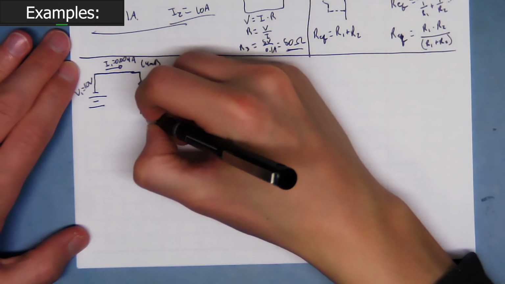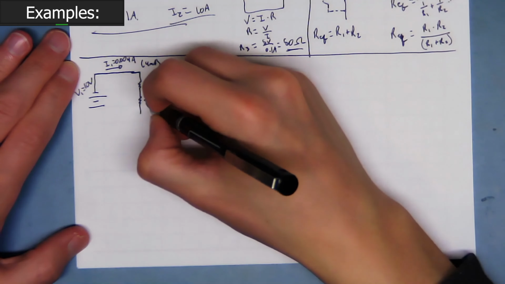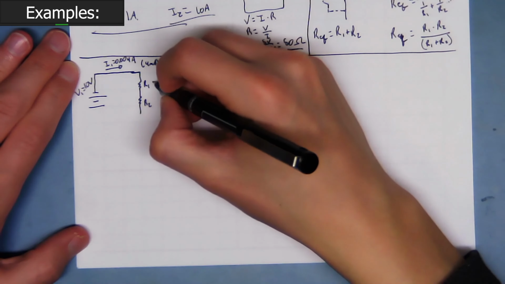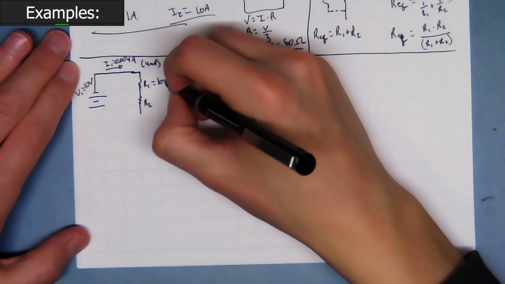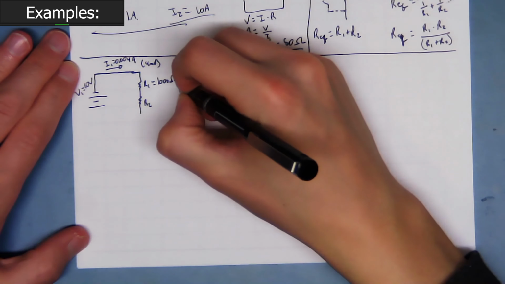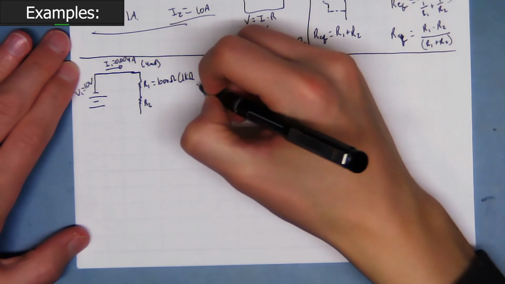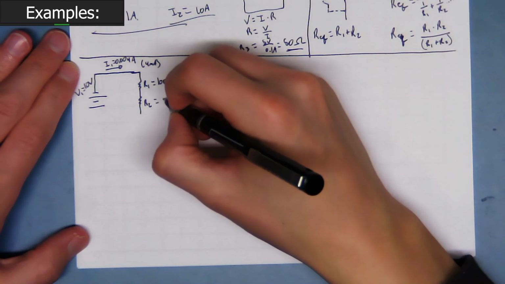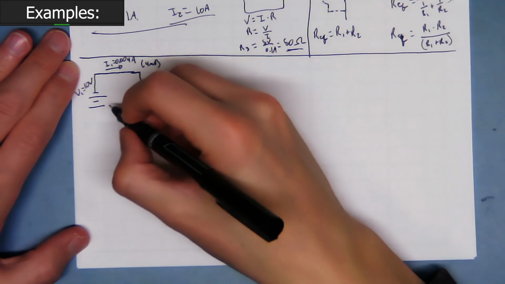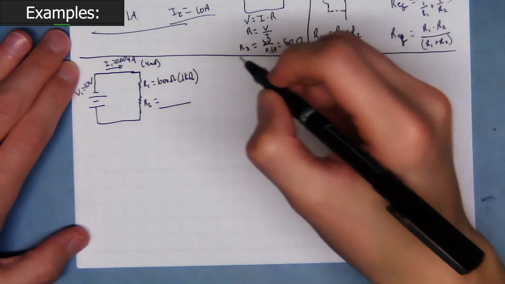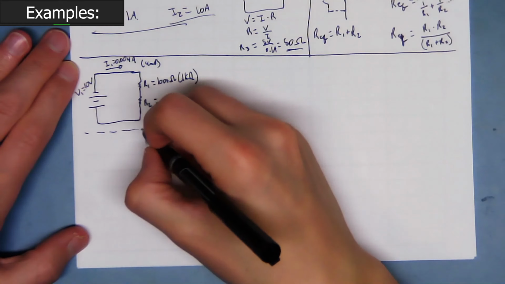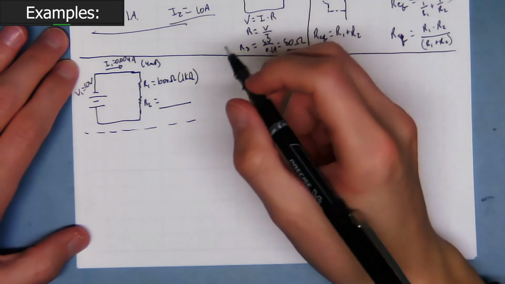We've got an R1 and an R2, where R1 is equal to 1000 ohms, or 1 kilo ohm, and R2 is unknown. Okay, now I'll put my work down below.